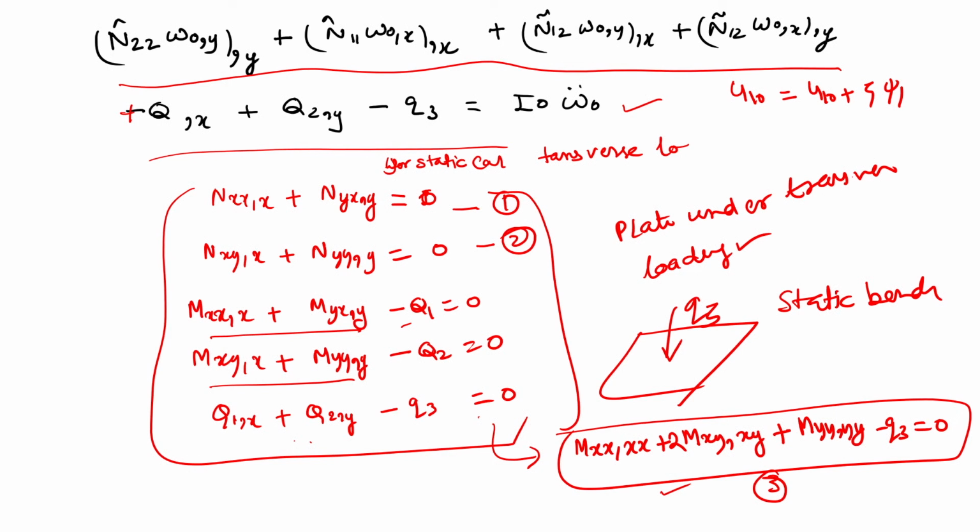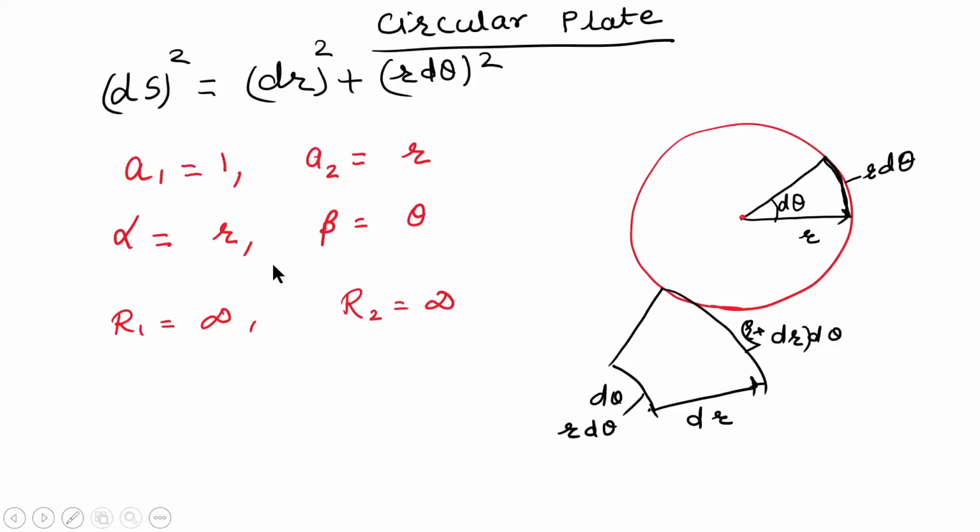For example, in this case we have developed the first order shear deformation theory. So we can get special cases like classical shell theories or classical plate theories, that is, the lower order can be obtained by putting some index.